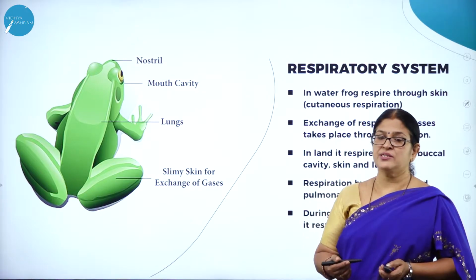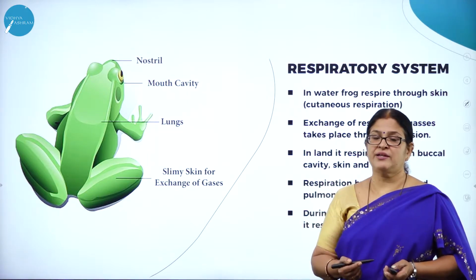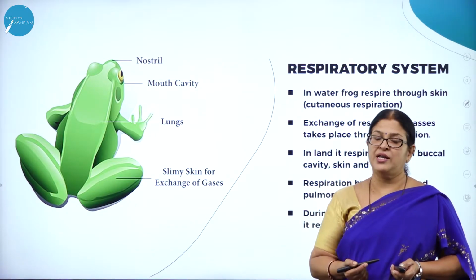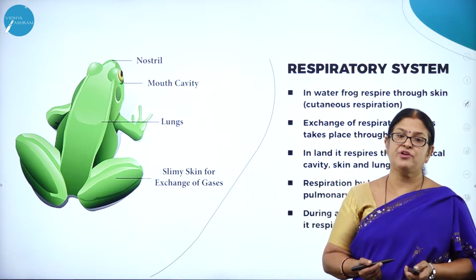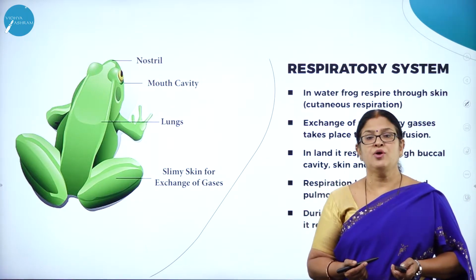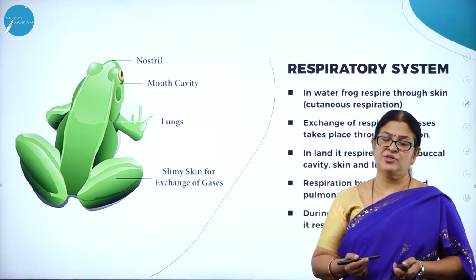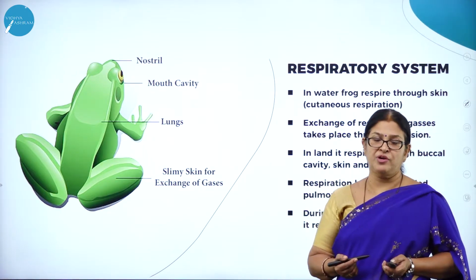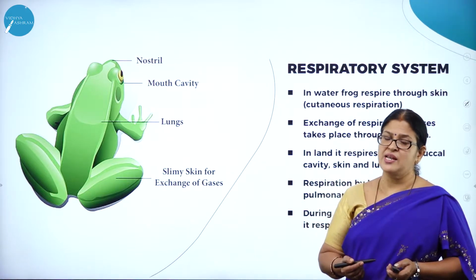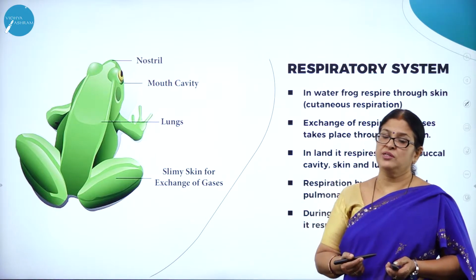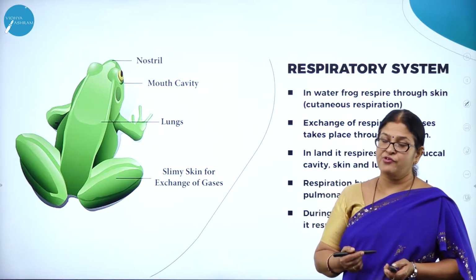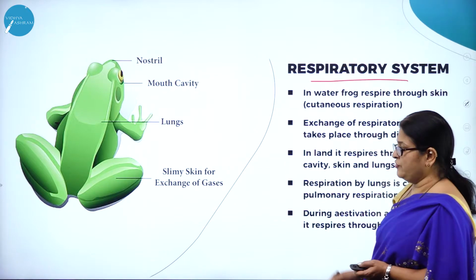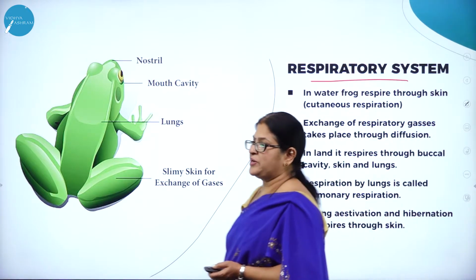As you know, it has indirect development, with a larval stage in its life history called tadpole larva. So it undergoes a very unique phenomenon called metamorphosis, where the larval form is converted into an adult form, right? All those important morphological features we studied in the last session, and we also studied the digestive system of frog. Now let us study the next very unique system of frogs, called the respiratory system.